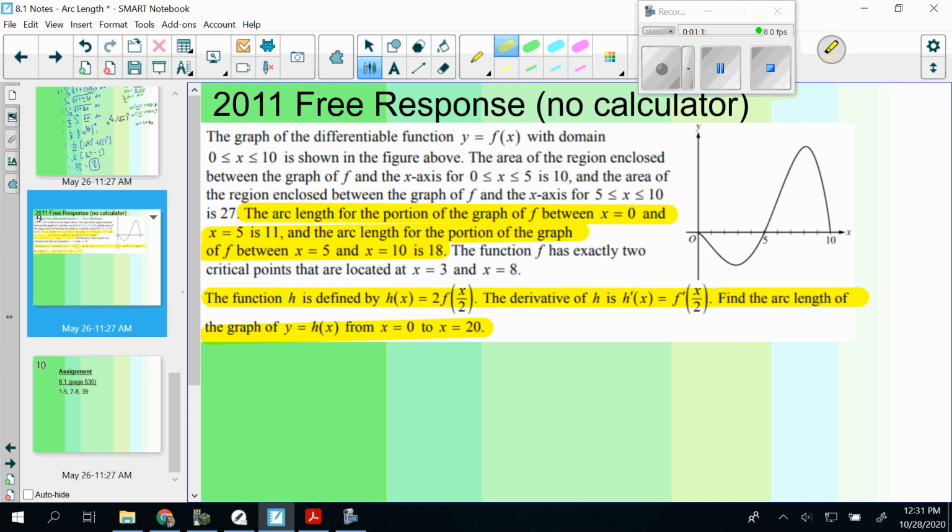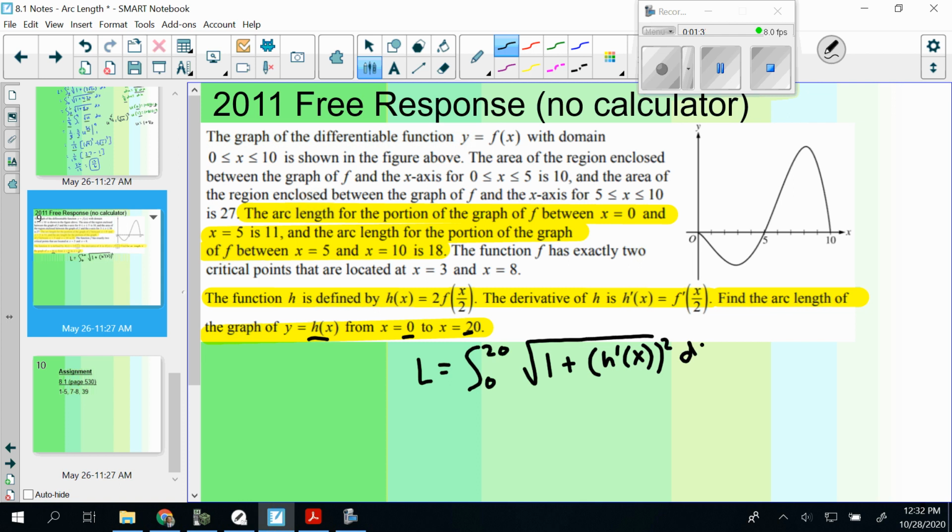All right, so let's see. If we were to find this arc length, and they want us to find it for h here, that would be the integral from 0 to 20 of the square root of 1 plus the derivative of h squared dx. Now the problem is, though, we don't know what the derivative of h is. They don't give us a picture of that one.